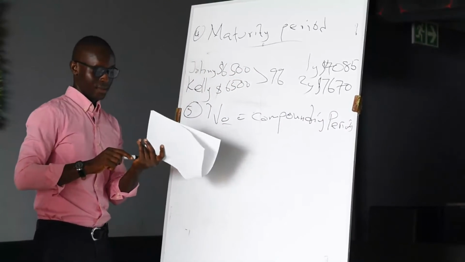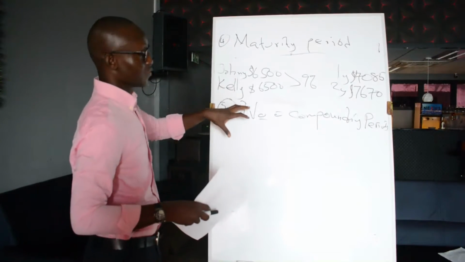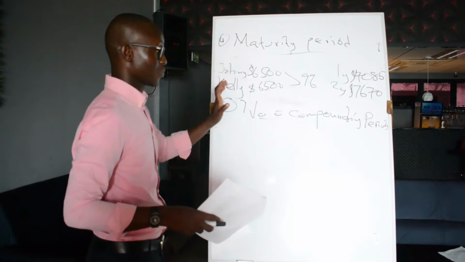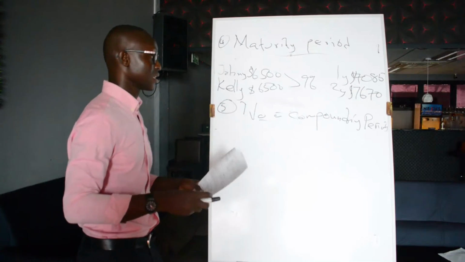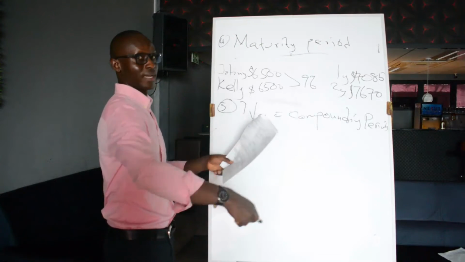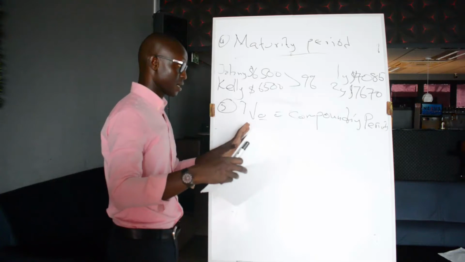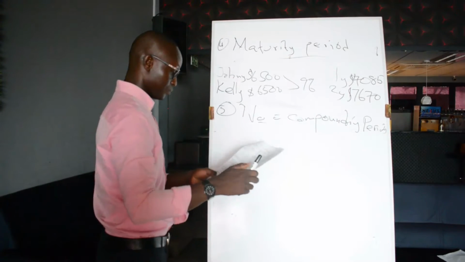Remember I've said that between simple interest and compound interest, the best form of interest that will give you bigger returns is compound interest. Now you are looking at compounding. Compounding is simply the number of times your investment is going to be turned around within a particular maturity period.